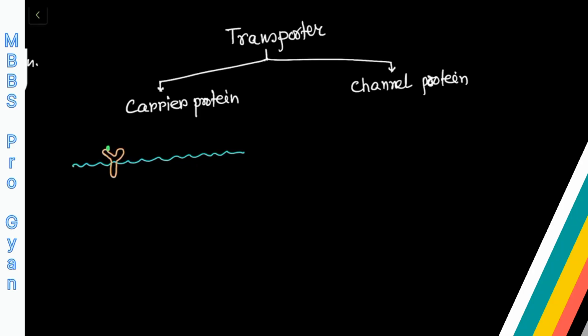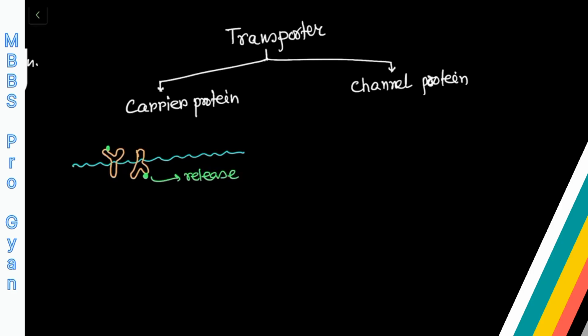The carrier protein is going to change its shape first. Because of the change in shape, the glucose molecule will be exposed on the other side of the cell membrane, and then the glucose molecule will be released from here. Getting my point?